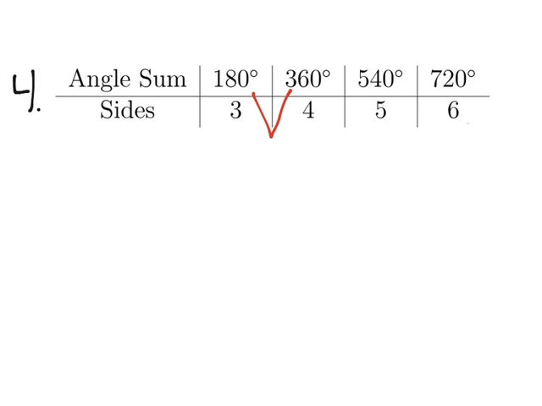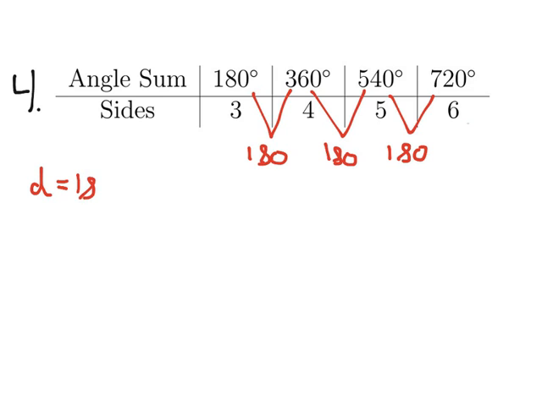360 minus 180 is 180. 540 minus 360 is 180. And 720 minus 540 is 180. So this is an arithmetic sequence. The arithmetic sequence has a common difference of 180 degrees.